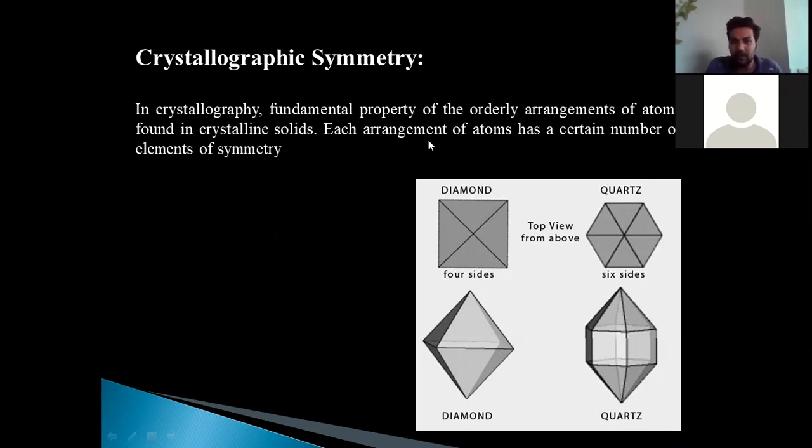You can see how the diamond is four-sided, and on dividing the diamond into two equal halves, you will get symmetric halves. You can also see how the quartz is symmetric. So this was all about crystallographic symmetry, which is related to the orderly arrangement of the molecules and atoms present in the crystals.